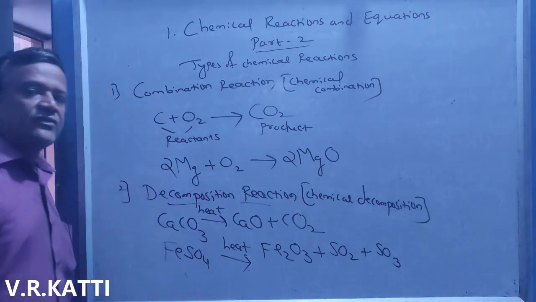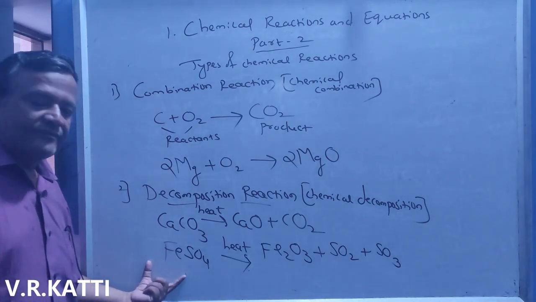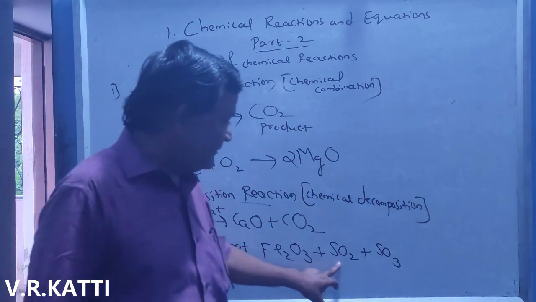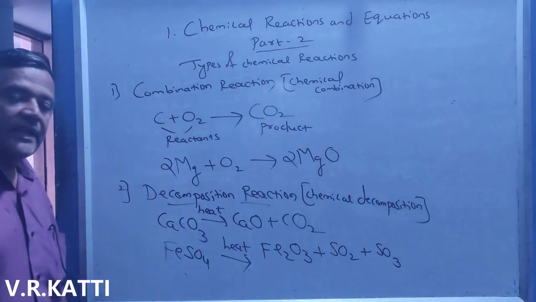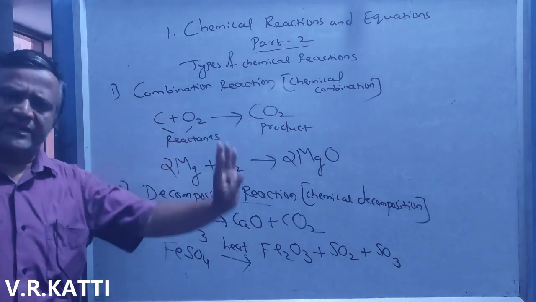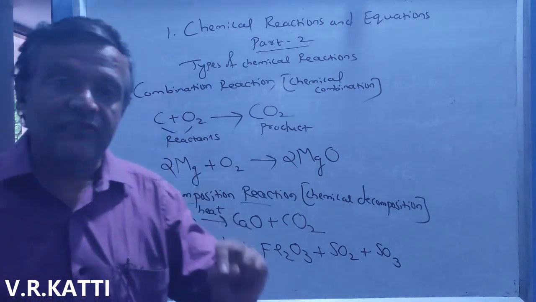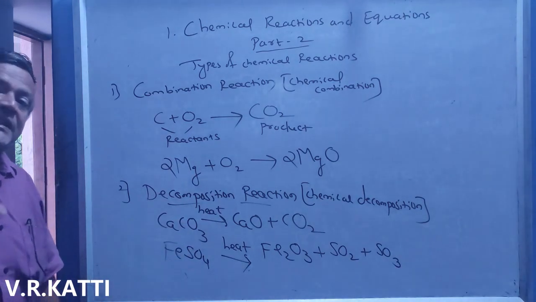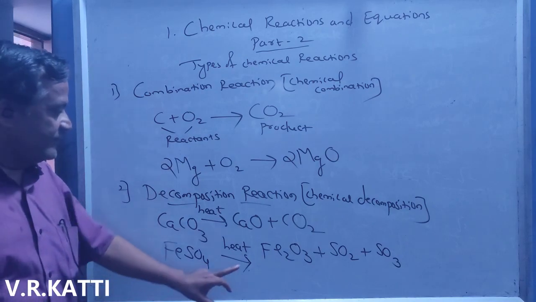Here the reactant is single and the products, see here, are 3. Whatever the number of products, the reactant is single, so it is a decomposition reaction. Students, whether it is balanced or not, please verify.